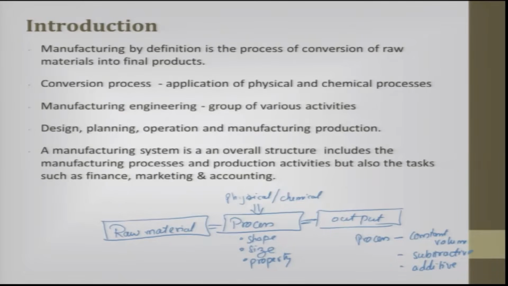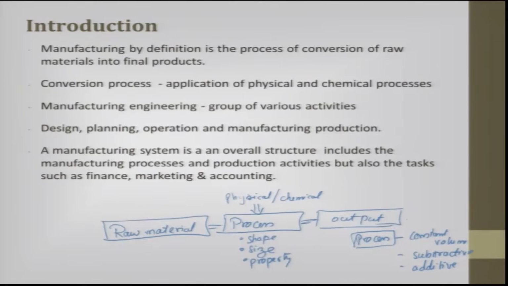You can follow any of these processes and apply either physical or chemical energy to convert the raw material into a required output. This is called manufacturing, and here we have to keep in mind a concept called productivity, that is, with minimum input getting maximum output.